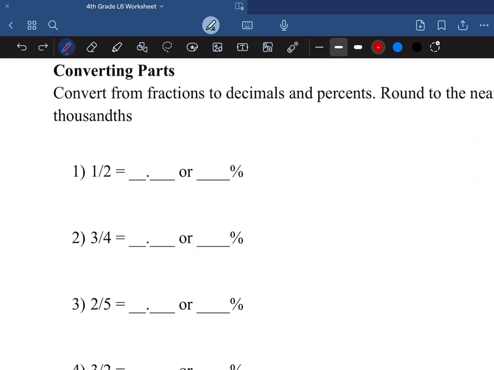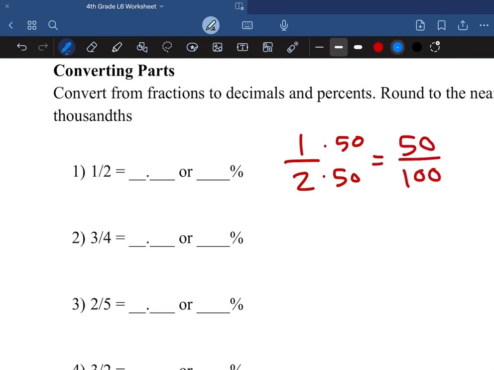We have to multiply the top and bottom of the fraction to get the denominator as 100. So in this case, we're going to multiply by 50. If you multiply both by 50, we get 50 over 100. From here, the numerator of the fraction will be your percentage. So for number 1, the percentage for 1/2 will be 50%.